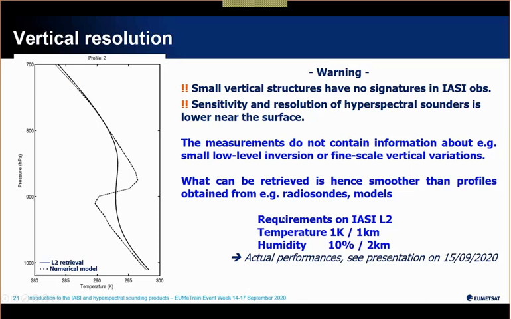And so to give you a feeling for the vertical resolution we can expect from IASI, these are the requirements that were set to it to be able to retrieve temperature with 1 Kelvin precision in layers of 1 kilometer, and humidity with 10% relative humidity precision in layers of 2 kilometers. And I will give a dedicated talk tomorrow morning about the actual performances.